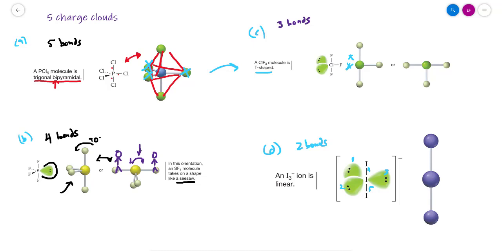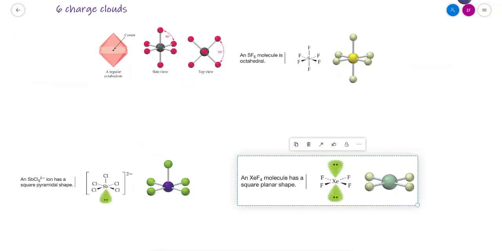All you've got is this straight line of atoms. So this takes on another linear shape, similar to the linear shape we saw with 2 charge clouds, except this has 5 charge clouds, and it drives the formation of this linear chain. This is the triiodide molecule.